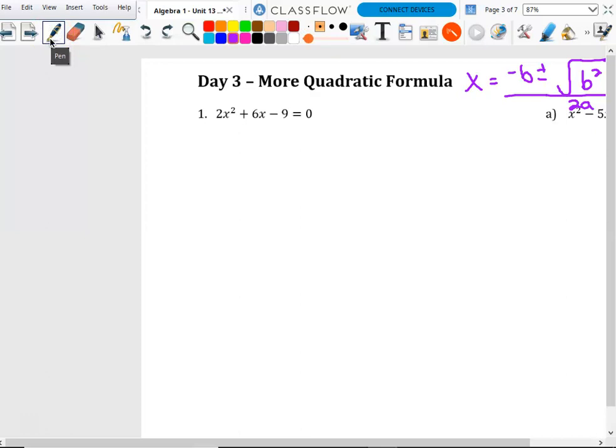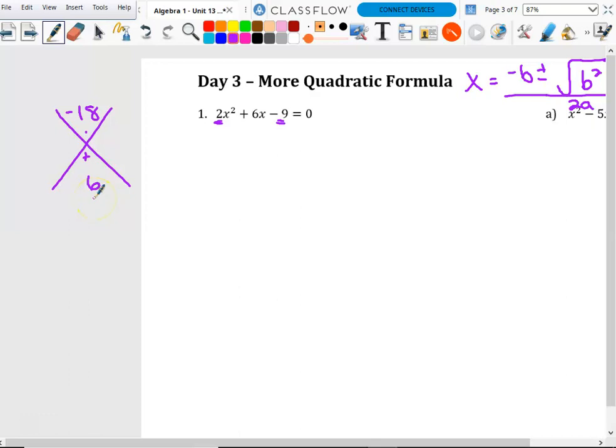If I tried to do this the way I did chapter 10 problems, I would say that's a hard trinomial, a trinomial that has a leading coefficient bigger than 1. And I would have to find something that multiplies to negative 18, 2 times negative 9, and adds to 6. Well, you could sit here all day, and you are not going to find anything that multiplies to negative 18 and adds to 6. So you would be stuck.